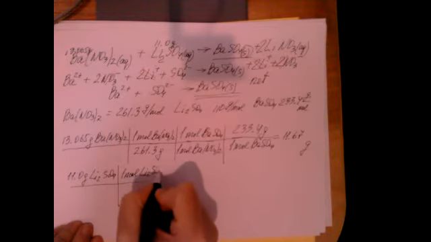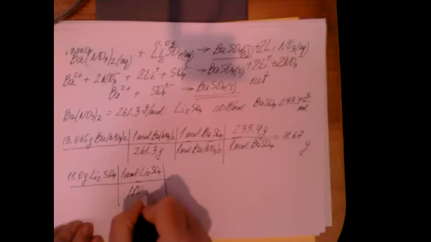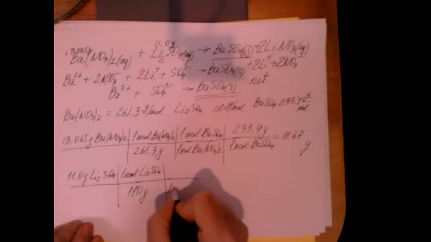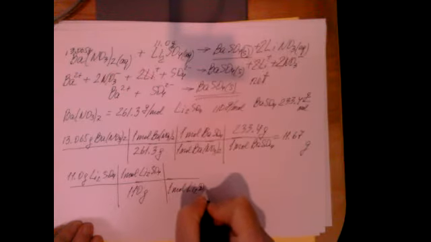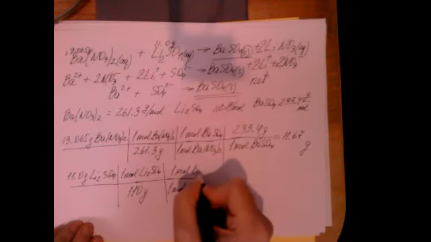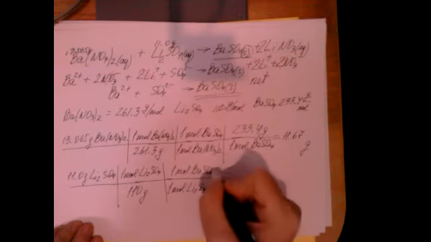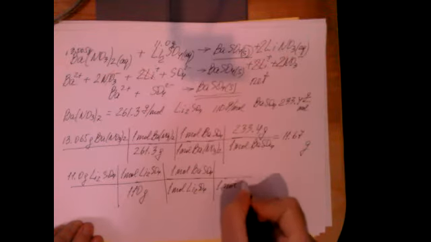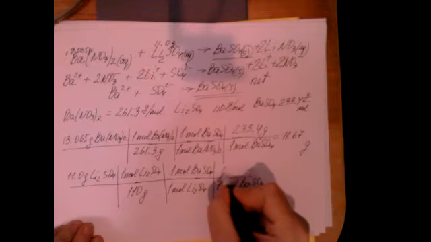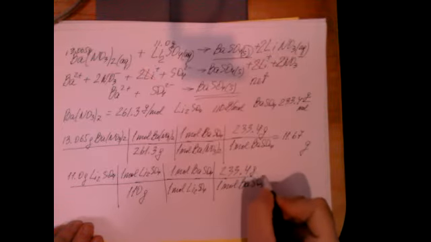Now we'll set up the same calculation for second reactant, lithium sulfate. 11.0 grams of lithium sulfate, 1 mole is 110 grams. 1 mole of lithium sulfate can produce 1 mole of barium sulfate, and 1 mole of barium sulfate is 233.4 grams.